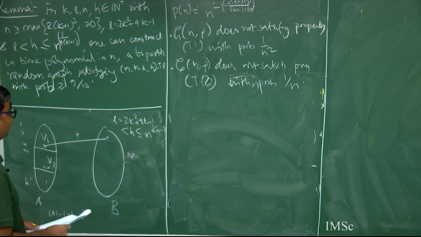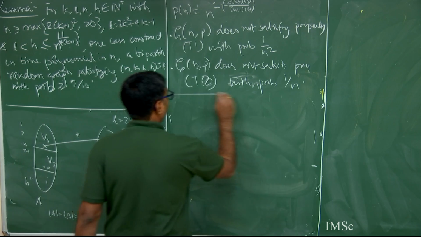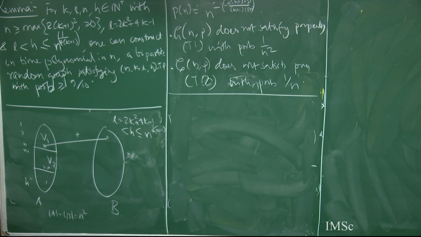Okay. So this is what we would like to show, and then we will be happy. So first one is really obvious. What is the meaning of this? What is the meaning? GNP does not satisfy property T1. What was T1?